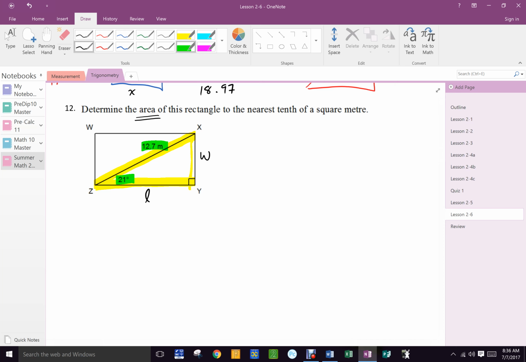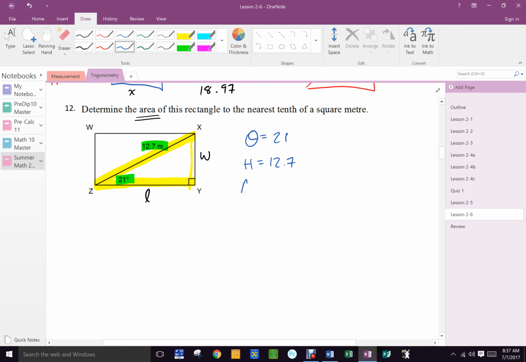What do I know about that triangle? Which is what, Fawaz? 21. What else do I know? Hypotenuse, which is what? 12.7. What do I need to know?